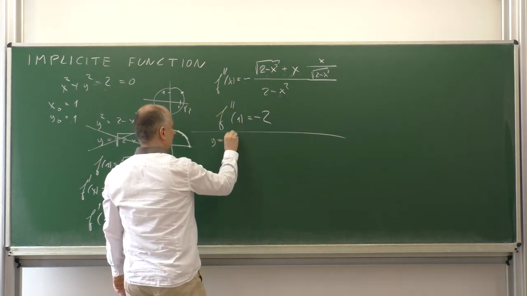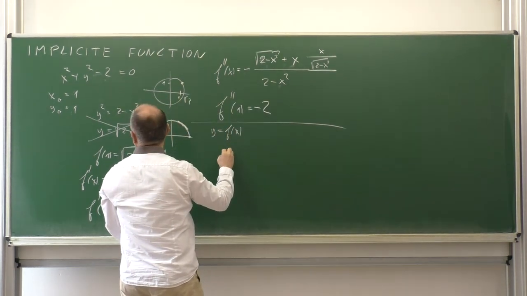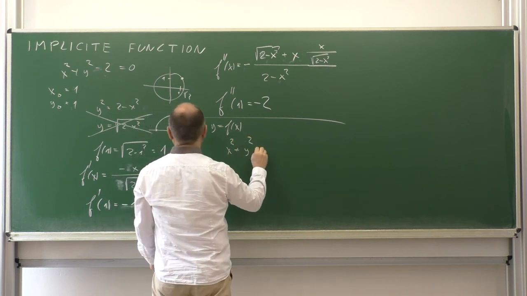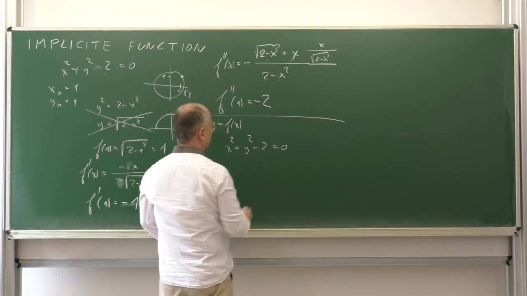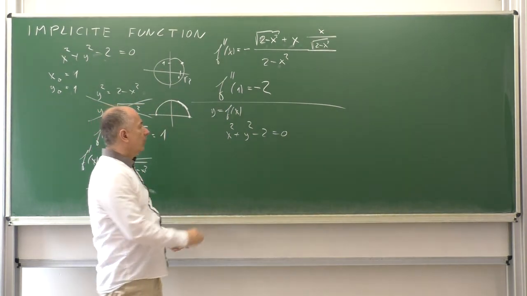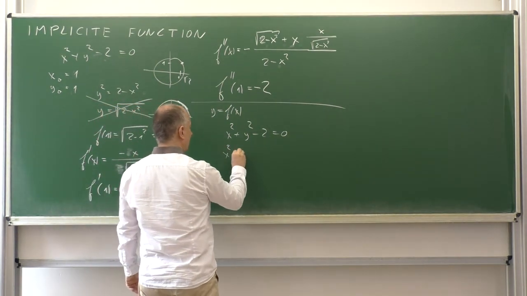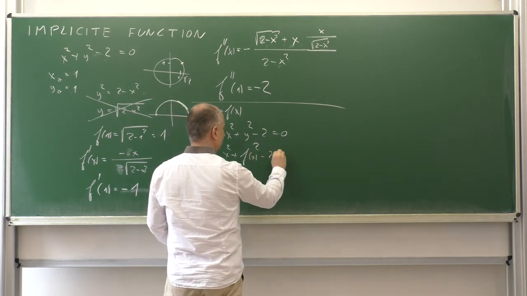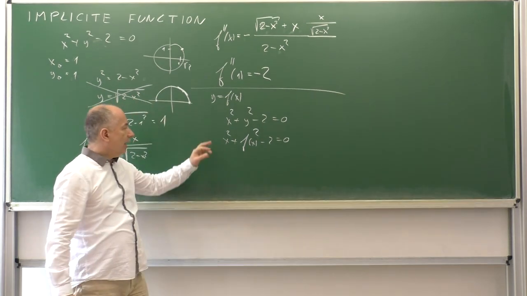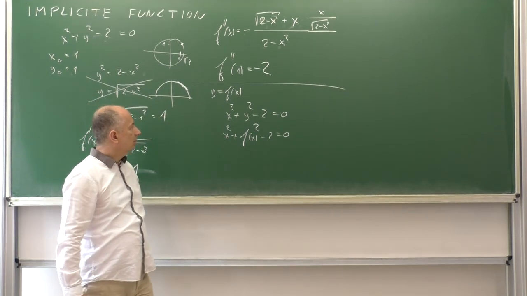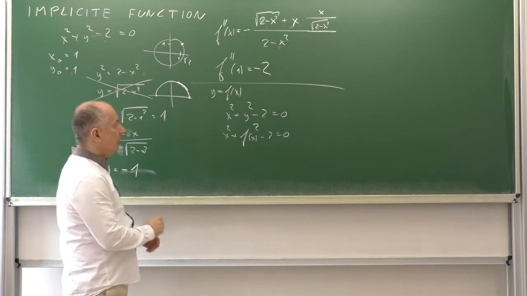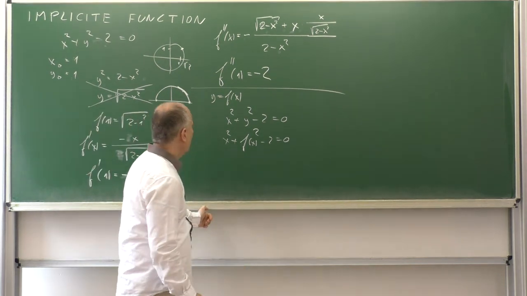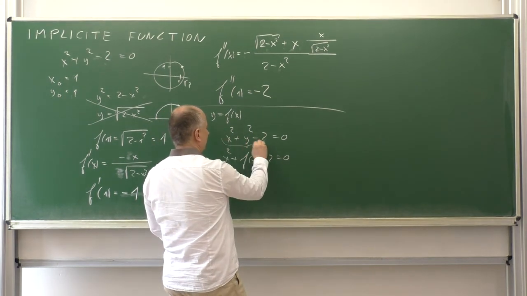So if we consider y to be a function of x, then having the equation x squared plus y squared minus 2 is 0, we can write it x squared plus f of x squared. And now we can differentiate with respect to x. Or perhaps we should check the conditions.